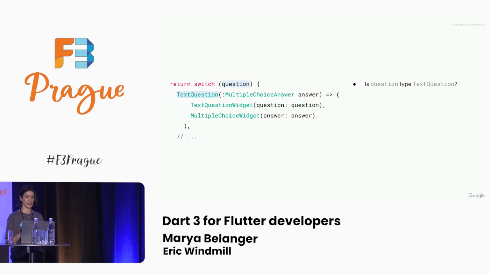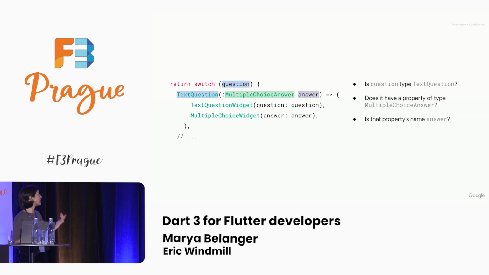So the first thing it's doing is saying, is question an instance of text question? And if it is, does it have a property that's type multiple choice answer? And does that property have the getter name answer? If all that's true, then create a new local property of the same name and give it the same value.